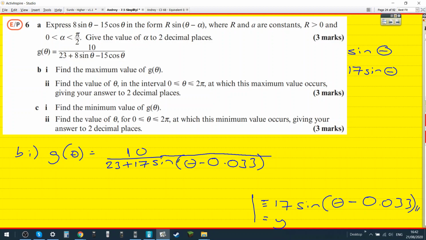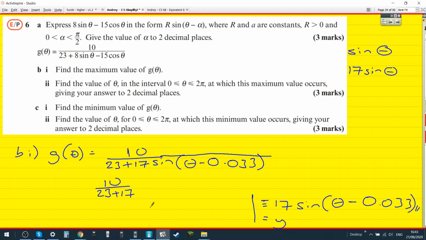So if we know the maximum, would the maximum value of g of theta just be 10 over 23 plus 17? So 40.